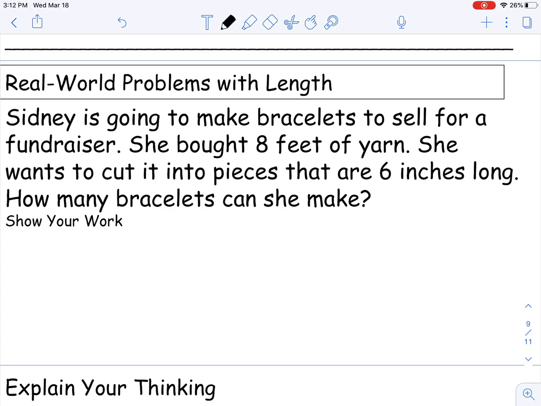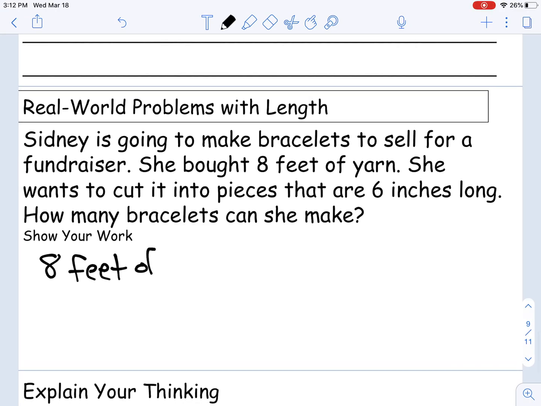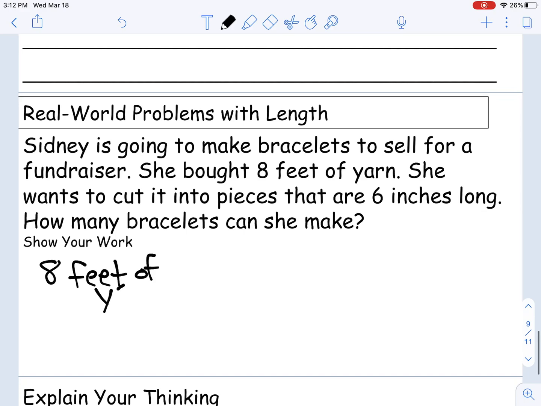So we have Sydney. That's who the problem's about. What is she doing? Well, she's making bracelets. So what do we know about her bracelets? Well, we know she has 8 feet of yarn. And we know 6 inches per bracelet.